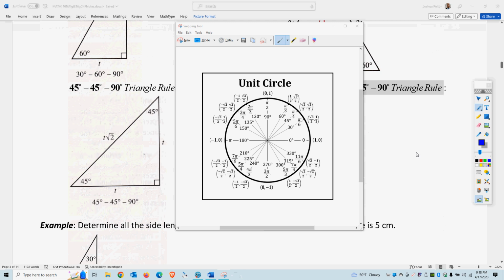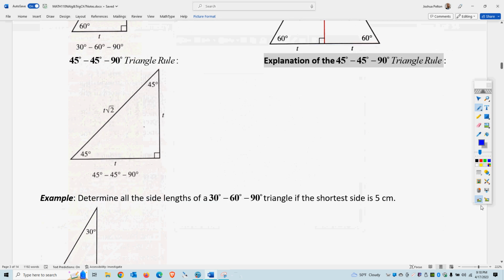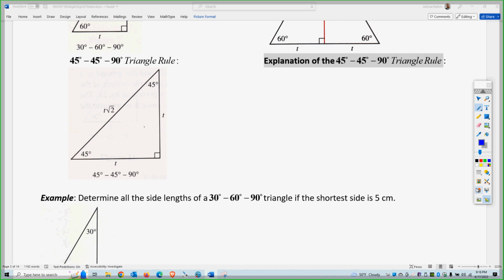Okay, so the other ones in this unit circle are the 45, 45, 90. How do they arrive at the fact that the hypotenuse is root 2 larger than the two other sides? Well, we know for a fact it's 45, 45, so it must be isosceles, right? So therefore, the hypotenuse squared must equal a leg squared plus a leg squared.